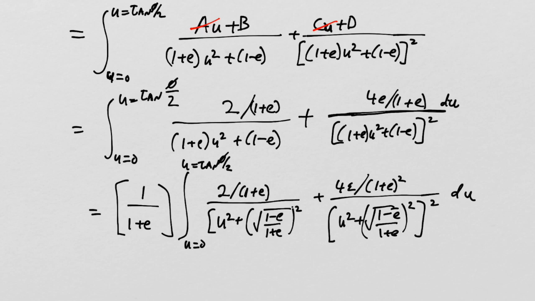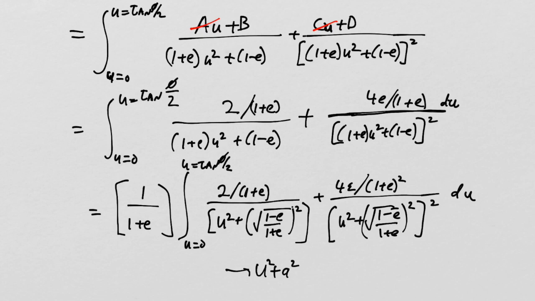Now here, I pulled out this 1 over 1 plus e and got that out here. But then I took the denominator and divided by 1 plus e to get a u squared plus a squared term. So the idea is I want something that looks like u squared plus a squared, right? Because I know that my standard integration techniques are very good with those particular types of terms.